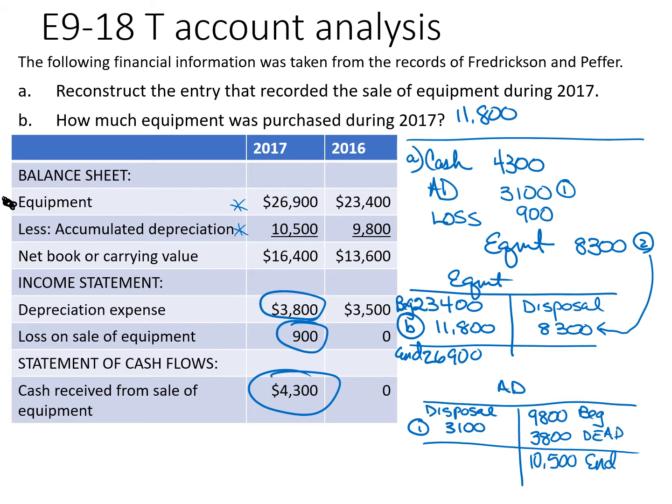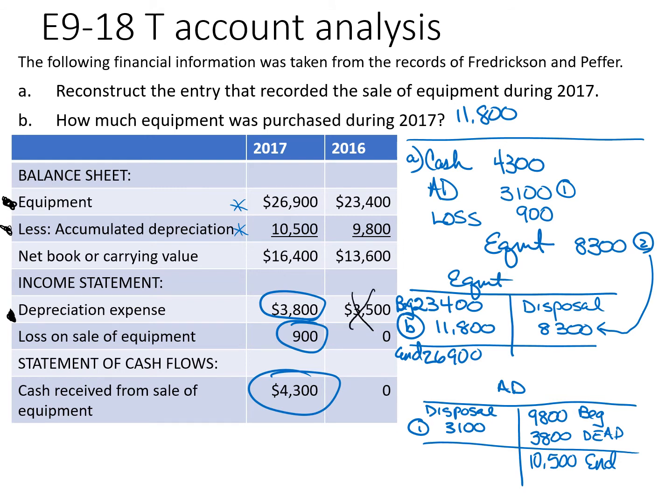Also, going along with that analysis, we need to figure out what happened in the accumulated depreciation account that year, from the beginning balance in 2017, which is the ending balance in 2016 of $9,800, to the ending balance for the year of $10,500. We know that it's going to be increased by the depreciation expense, which we're given for 2017.